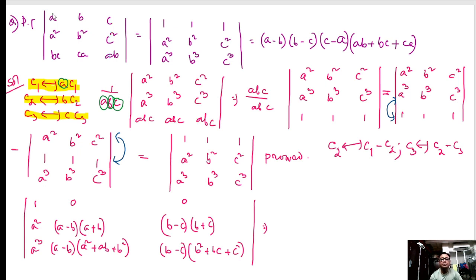So now as you can see, we can take a common A and A. We can take a common B and B. We can take a common C and C. So what are the things left?